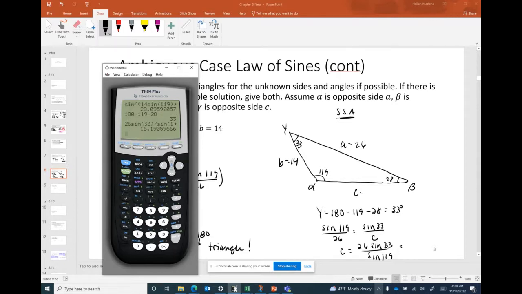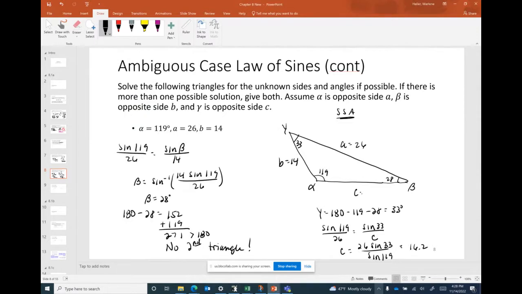And there we have it, about 16.2. Okay, makes sense. 33 with 16.2, 28 with 14. So there's the third situation where there is only one triangle.